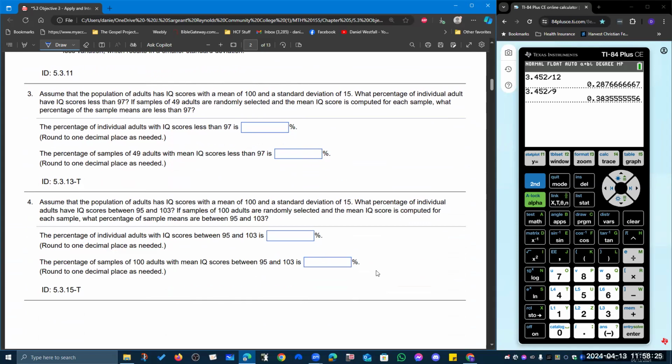This next question is a technology problem. You can see from the dash T here, so we're going to be using the calculator to answer the question. Assume that the population of adults has IQ scores with a mean of 100 and a standard deviation of 15. What percentage of individual adults have IQ scores less than 97?